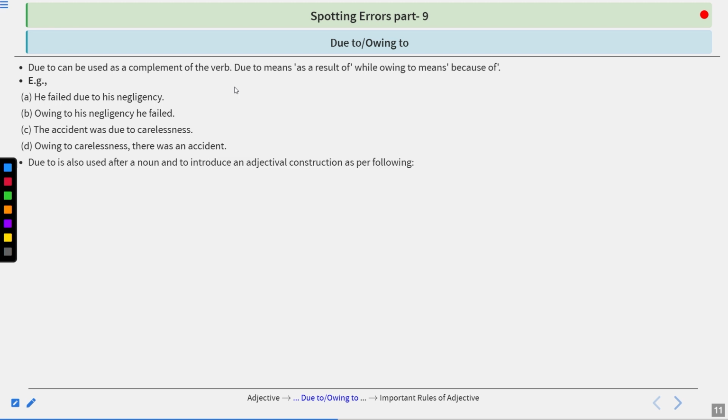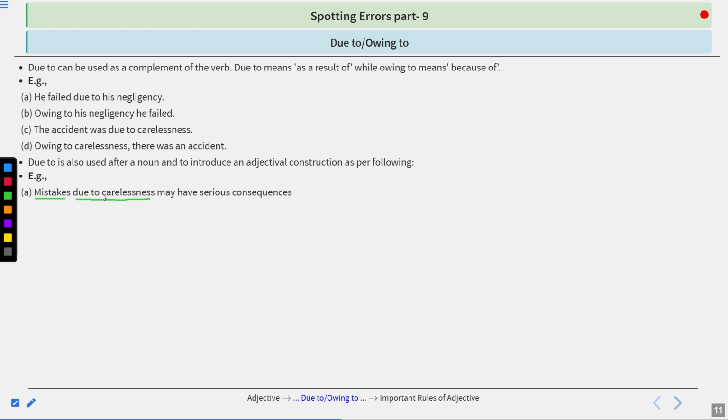There is another use of due to. Due to is also used after a noun and to introduce an adjectival construction, as in the following. Mistakes due to carelessness may have serious consequences. Here we have used a noun, mistakes, and the phrase due to carelessness is an adjectival phrase which is describing mistakes.